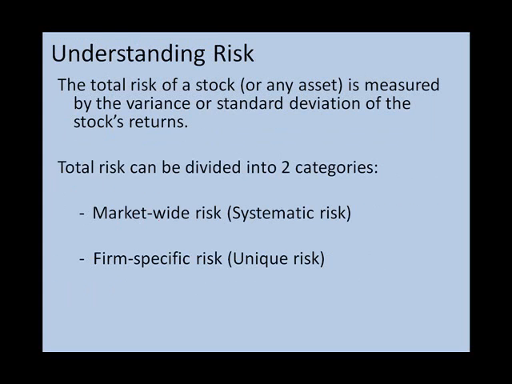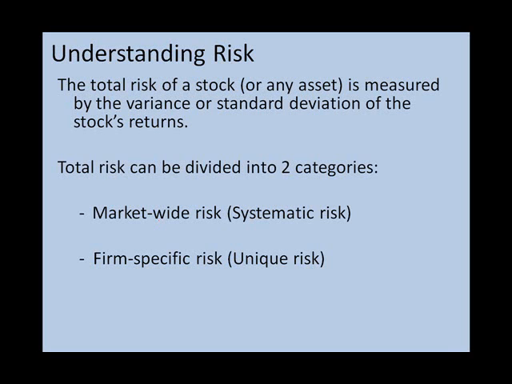The total risk of a stock, or indeed any asset, is measured by the variance or the standard deviation of the stock's returns. But total risk can be divided into two categories: market-wide risk, which is sometimes called systematic risk, and firm-specific risk, which is sometimes called unique risk.